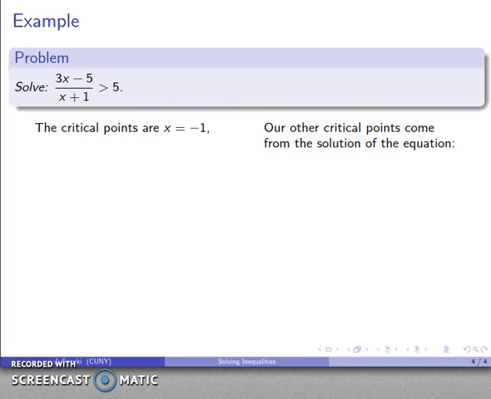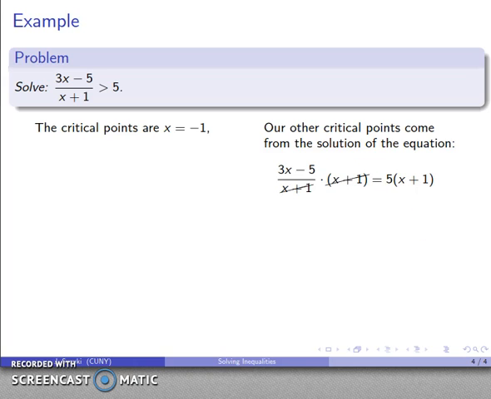The other critical points come from actually solving the equation. So I have (3x minus 5) over (x plus 1). And again, this is a quotient. We are dividing by something, so I can undo that by multiplying by whatever we divided by. So we're dividing by x plus 1, so I'll multiply both sides by x plus 1.